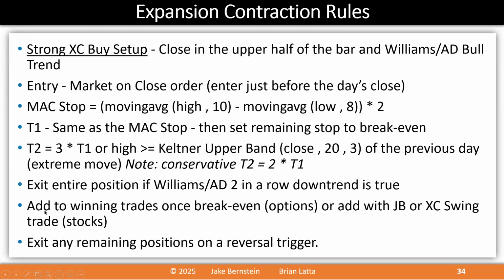And I do like very much to add to winning trades as soon as I've hit a profit target and get to break even. Even with options, that would mean if I am in, say, a call spread in an uptrend and I've rolled it over to cover the risk, then I could add contracts to that position and stay in and add time as long as the trend continues.